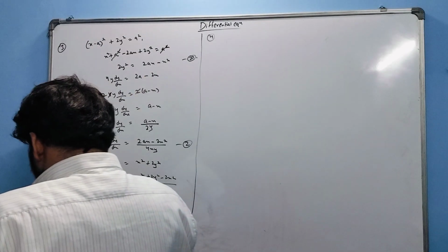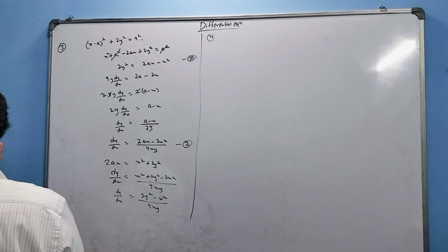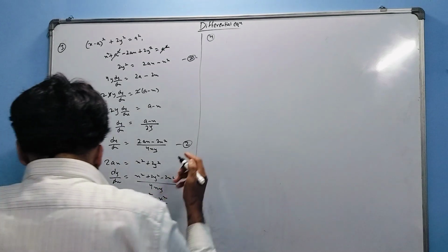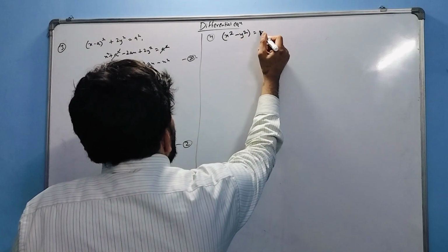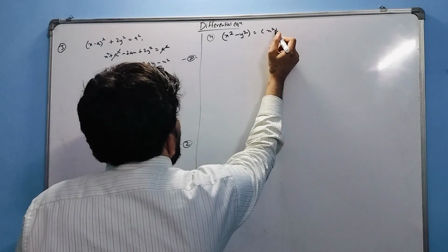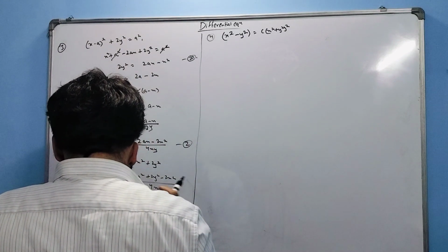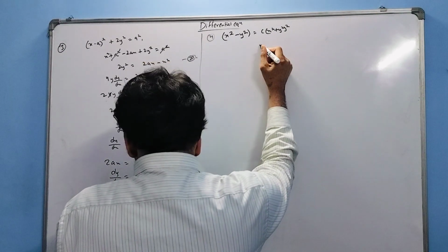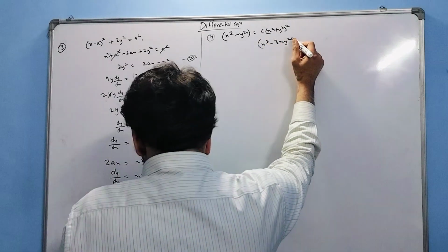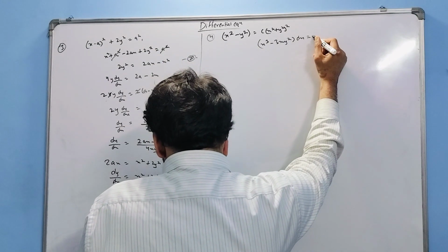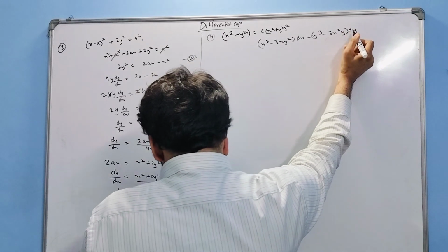Now the fourth question: we need to prove that x square minus y square is equal to c into (x square plus y square) whole square is a general solution of the differential equation (x square minus y square) dx is equal to (y cube minus 3x square y) dy, where c is a parameter.